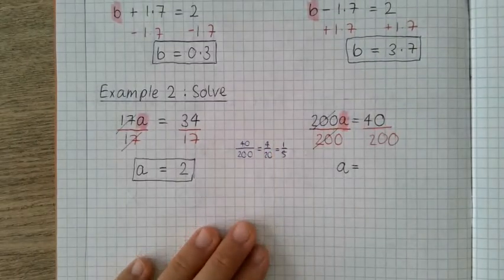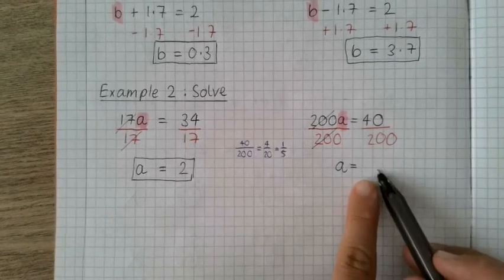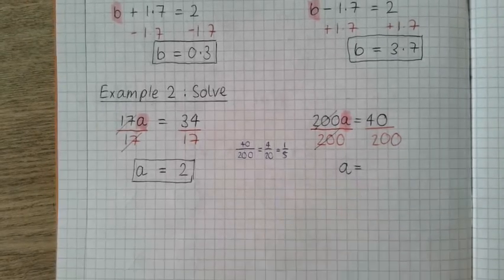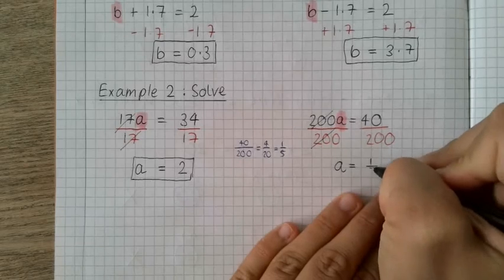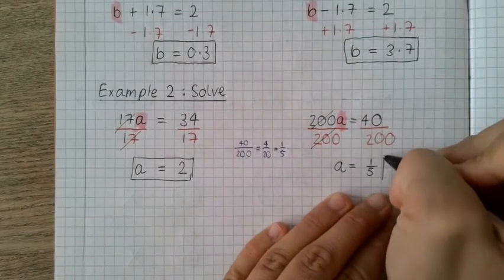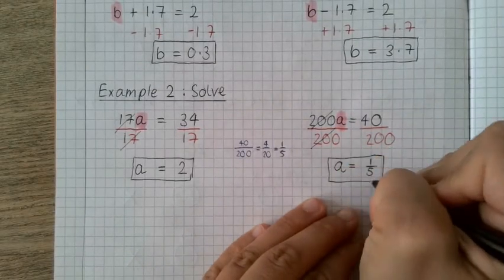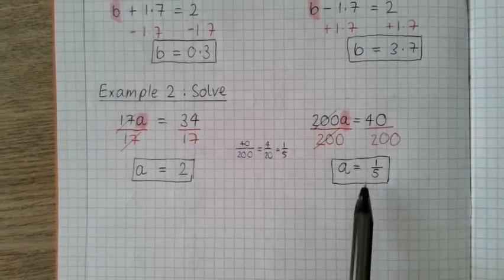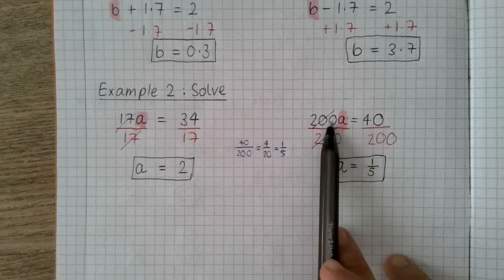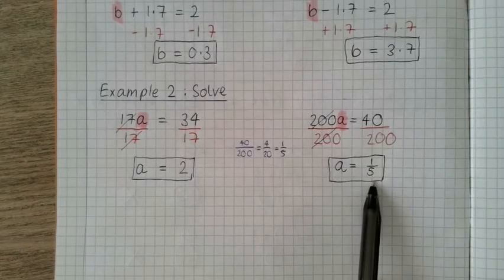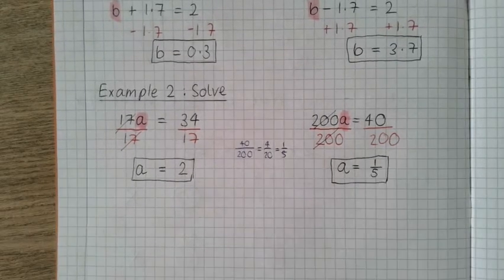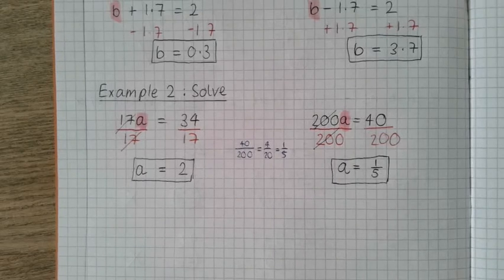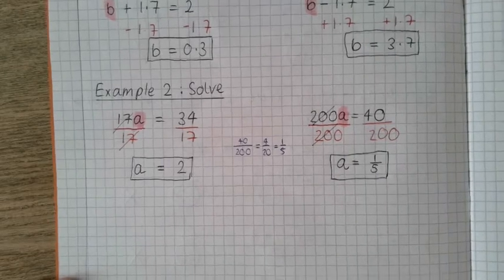So I'm going to, rather than leave my answer as 40 over 200, I'm going to leave it as a simplified fraction 1/5. You might know what 1/5 is as a decimal as well, so you could leave it like that. But I'm going to leave it as a equals a fifth. Okay? And that works. If you were to substitute that in and do 200 multiplied by a fifth, you would get 40. Okay? So I'm going to give you 2 practice questions to have a go at.